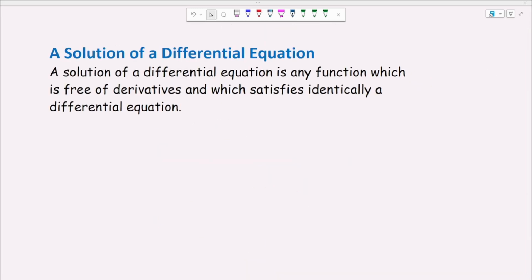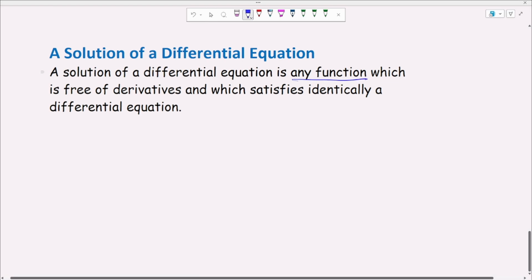All right. The last thing we'll talk about in this lesson is the solution of a differential equation. A solution of a differential equation is any function which is free of derivatives. So there is no derivative.